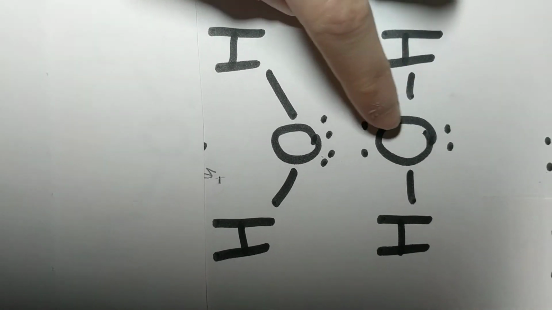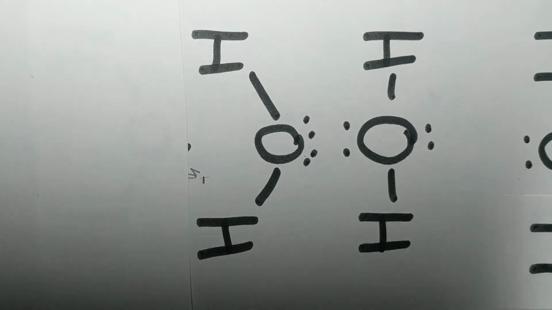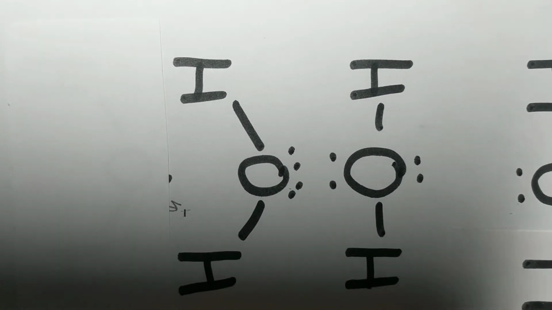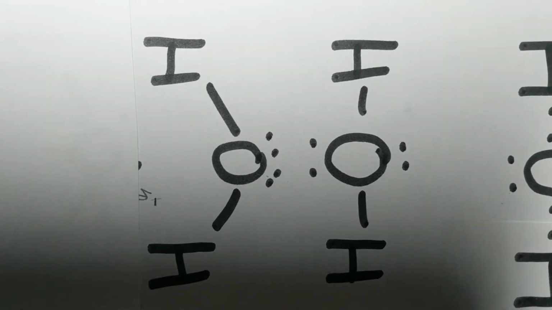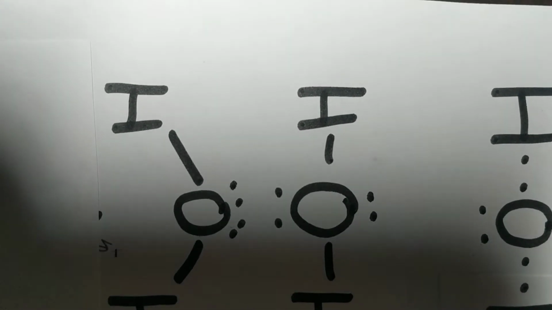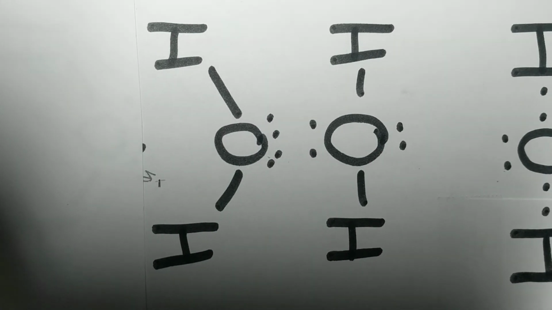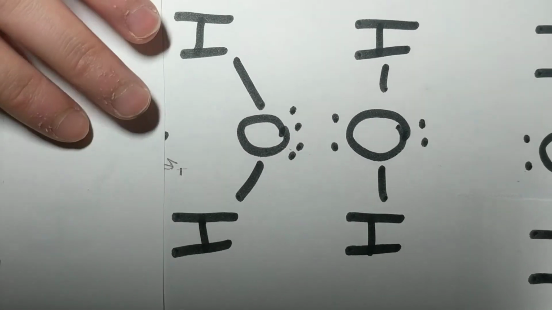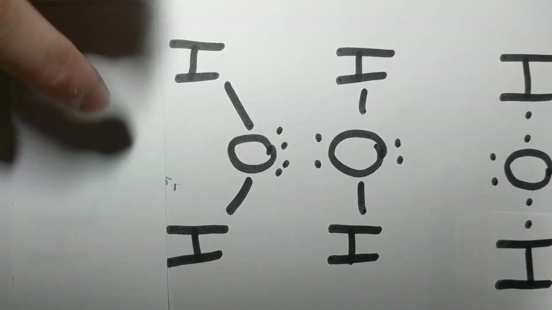Lone pairs, which are these ones over here, have a greater repulsion than bonding electrons. So the two lone pairs on oxygen want to be as far away as possible from each other, and as a result, this is the shape that the molecule takes.